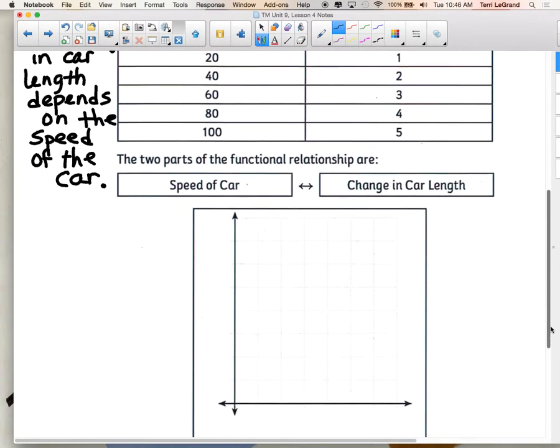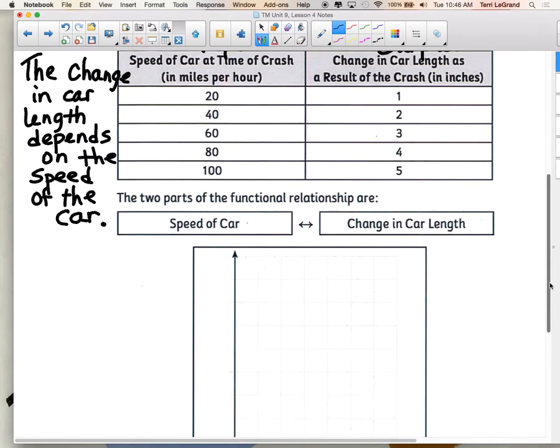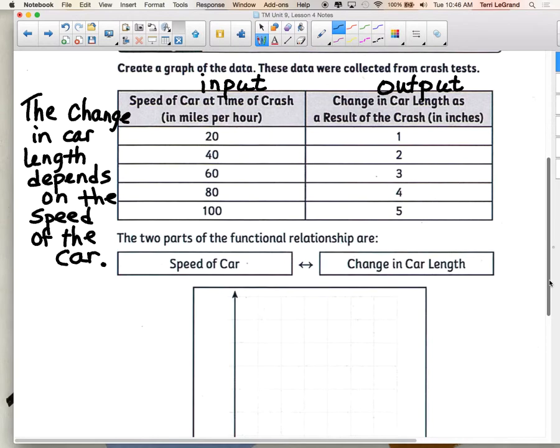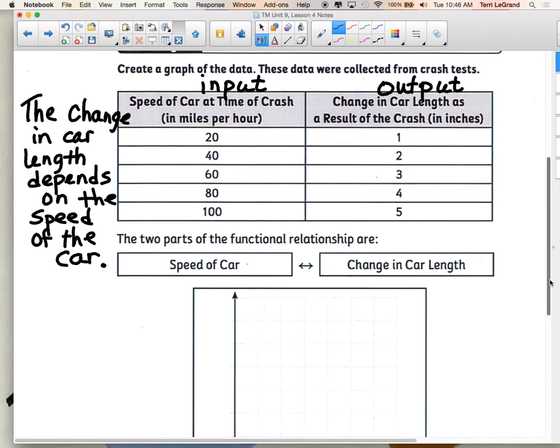So they already tell us, just like we already know, the speed of the car and the change in car length are the parts of the functional relationship. Well then, when we have to create a graph of this data, that means one of those has to represent the x and one of them has to represent the y.